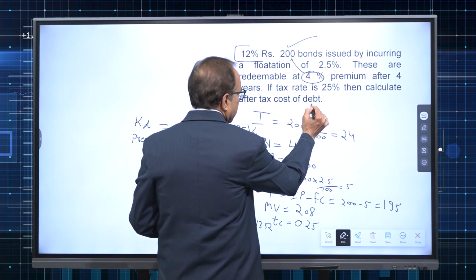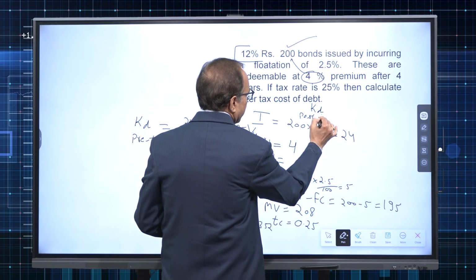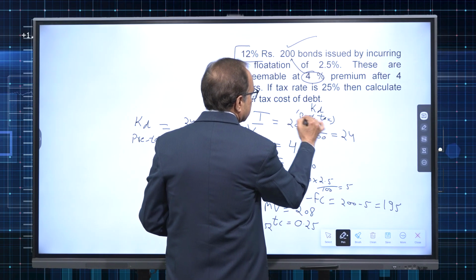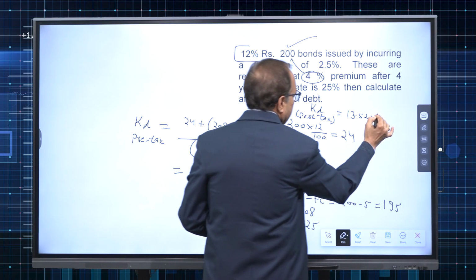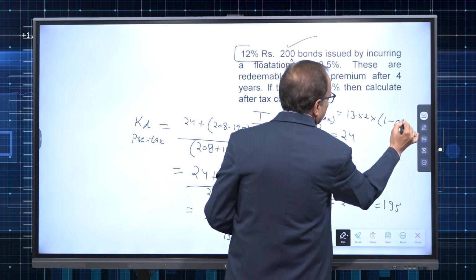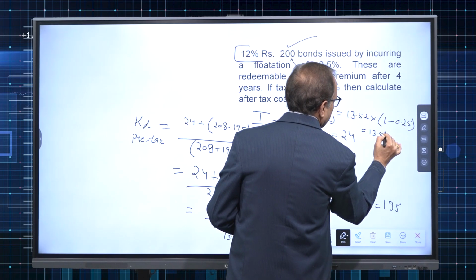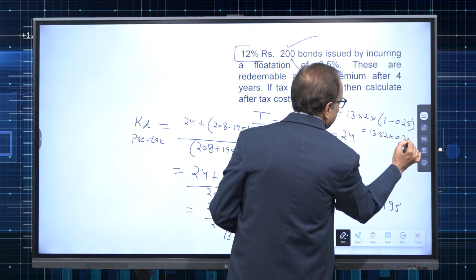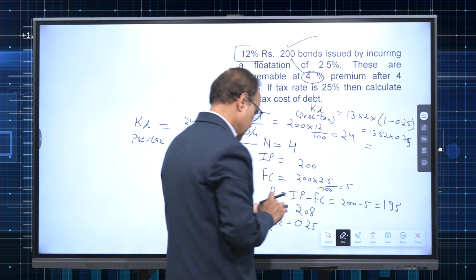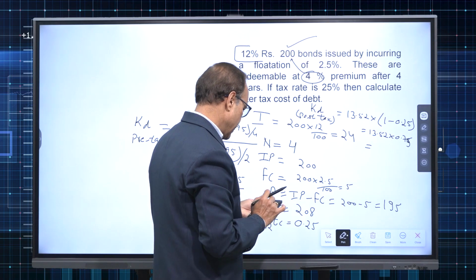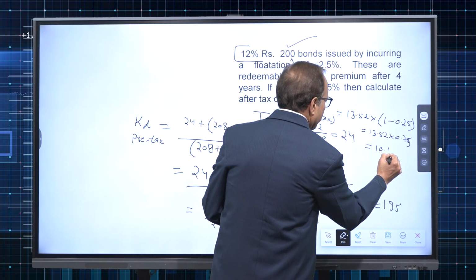However, interest on debt qualifies for tax relief or tax shield, therefore KD after tax. So if I put it over there, KD post tax in this case will be 13.52 multiplied by 1 minus 0.25. So that makes it 13.52 multiplied by 0.75, 10.14%.